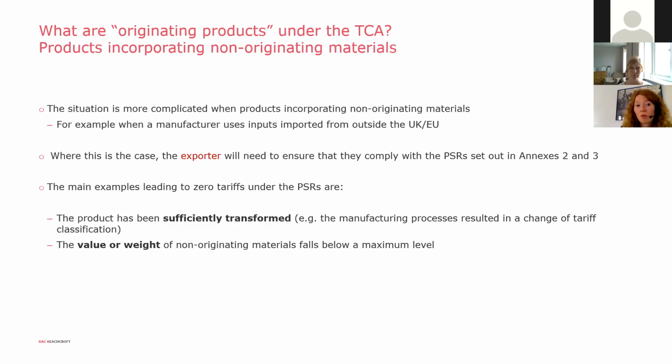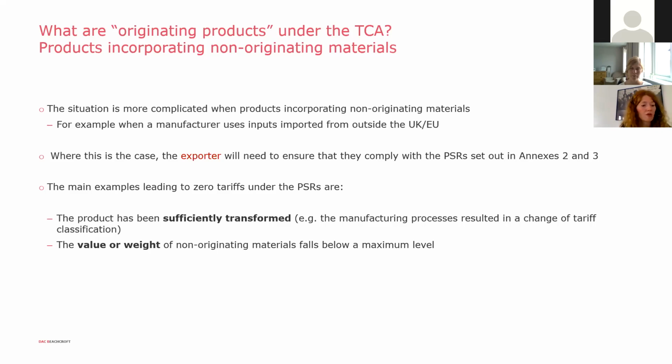But much more complicated, as we will see on the next slide, are products incorporating non-originating material. That's a more complicated situation. For example, if you manufacture a car, and the engine comes from Japan, then you would have material used originating from a third country. And in that context, I shall add what's not been applied under the TCA.